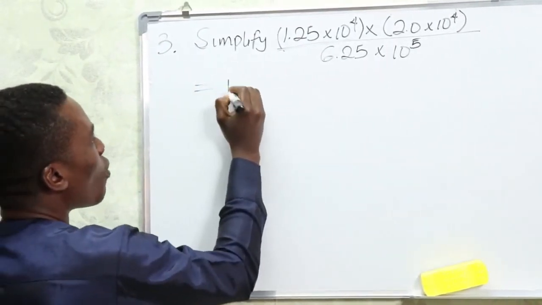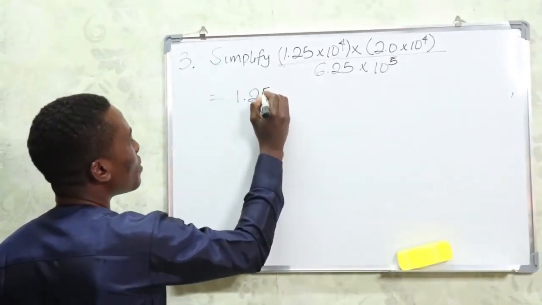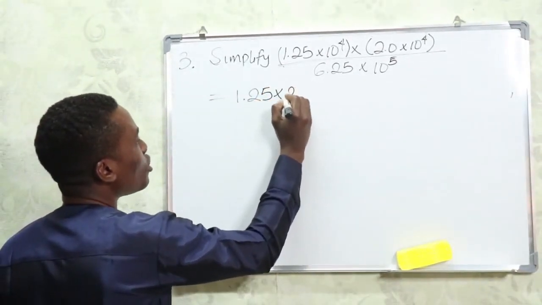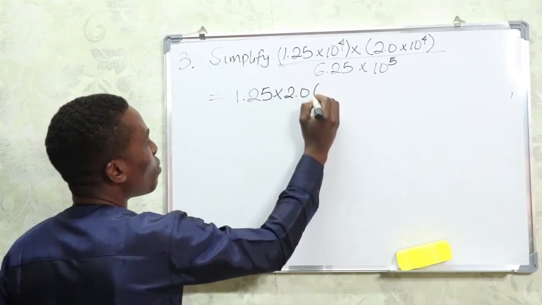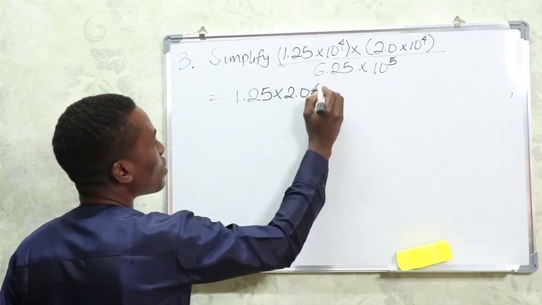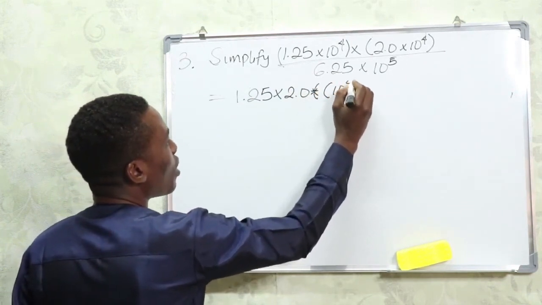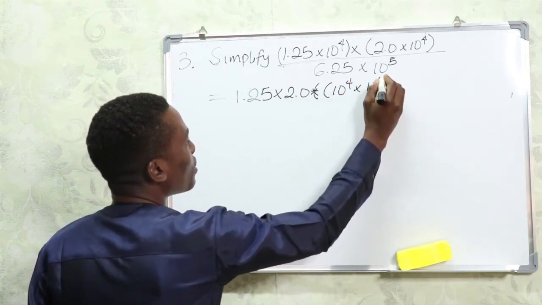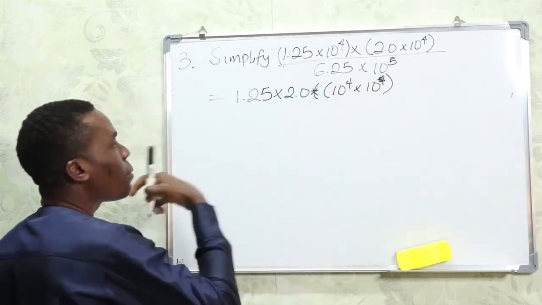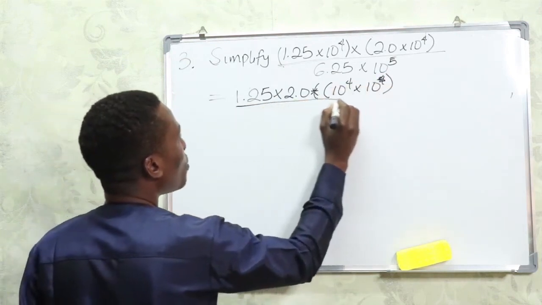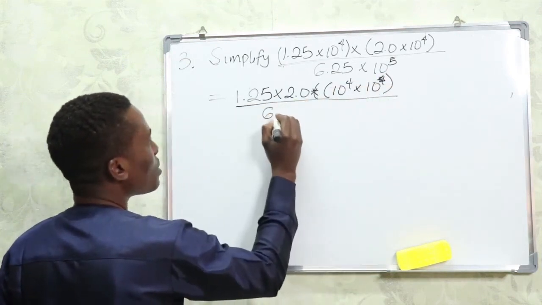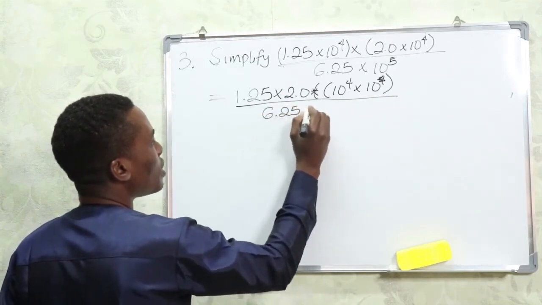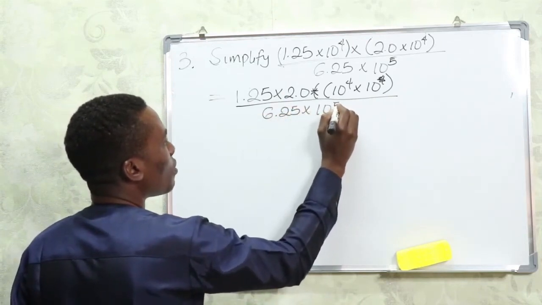Now, we'll have 1.25 multiplied by 2.0, times 10 raised to power 4 multiplied by 10 raised to power 4. We want to separate the powers from the main numbers. That will be all over 6.25 times 10 raised to power 5.